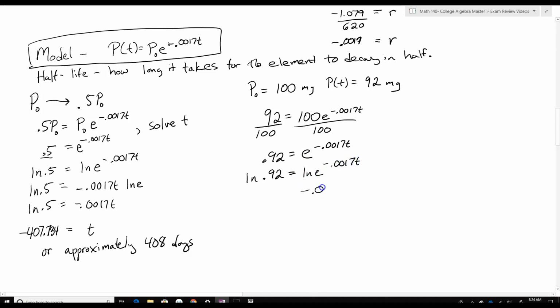So negative 0.0017 t times the natural log of e is going to equal ln of 0.92. And so the ln of e goes away because it equals 1.